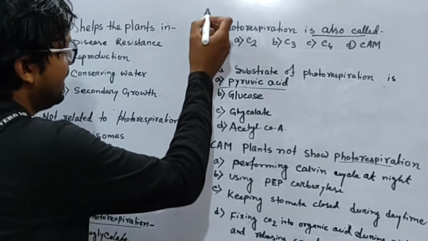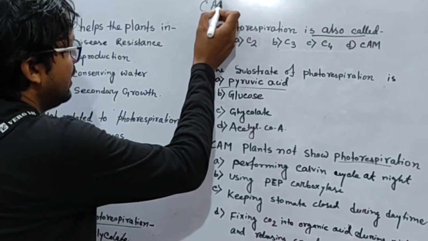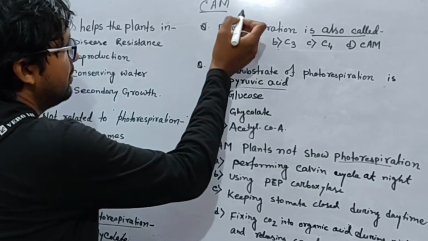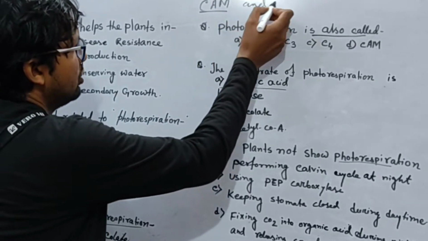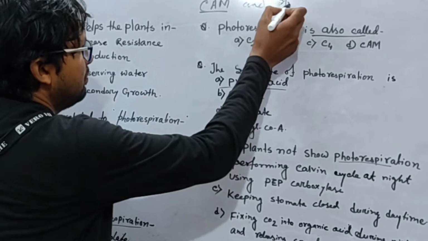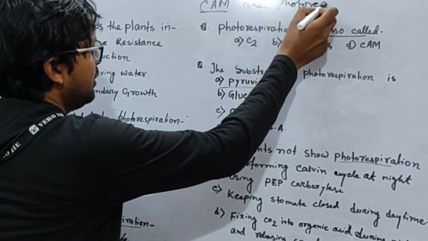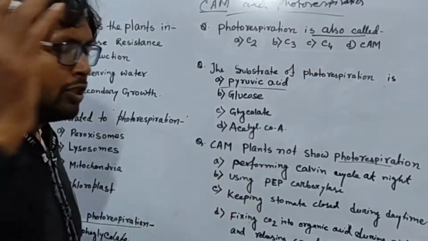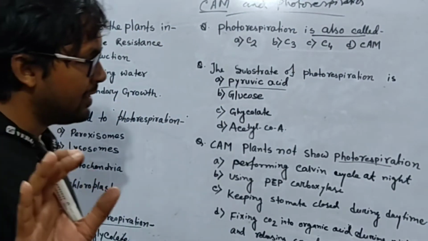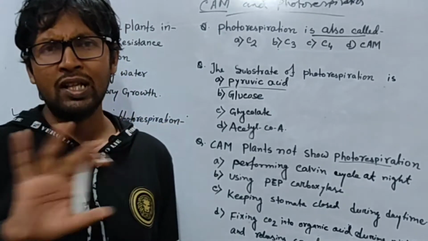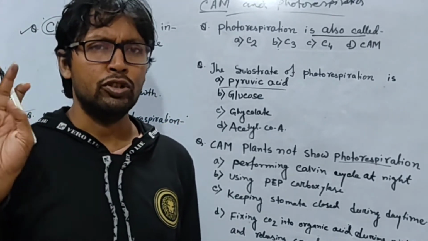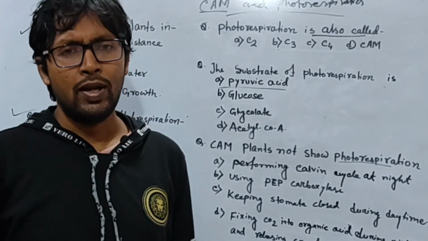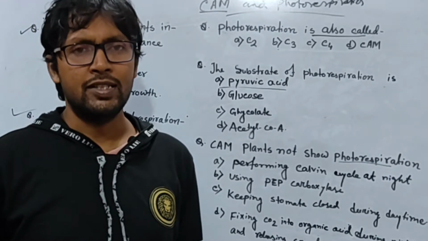Now here, CAM plants, you know that CAM is crassulacean acid metabolism, and then photorespiration. Step by step we are going to discuss all the questions from your Allen biology and your Akash material.